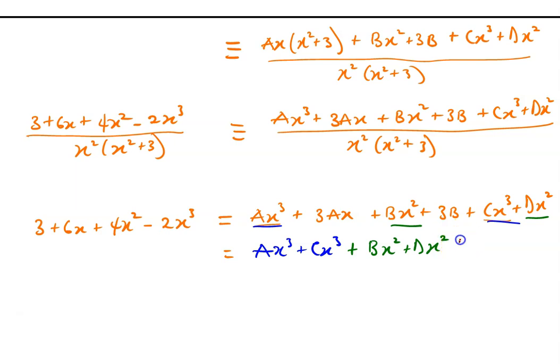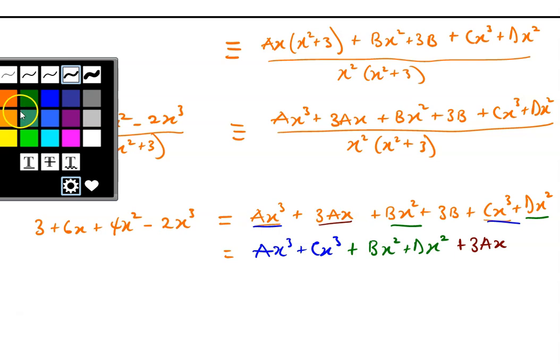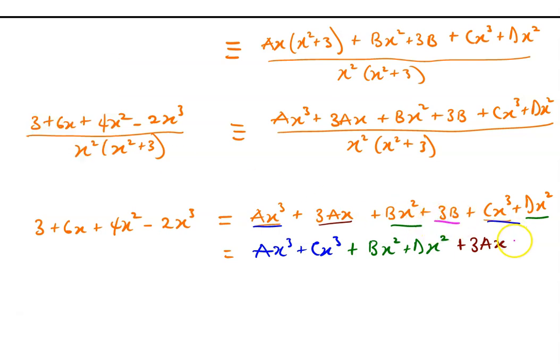So plus 3ax. Then the last one for the constants, I have 3b. So plus 3b. Sorry, my 3 looks like b. So let me write it again.